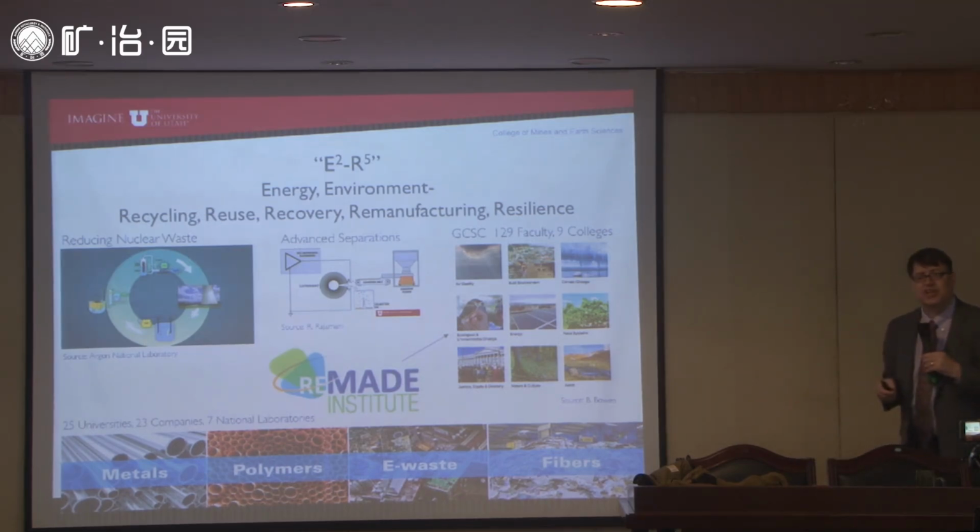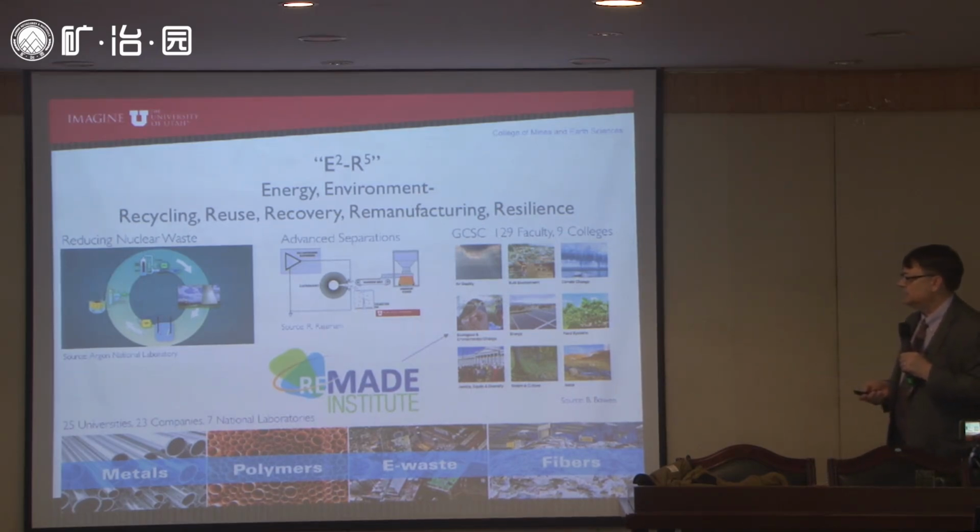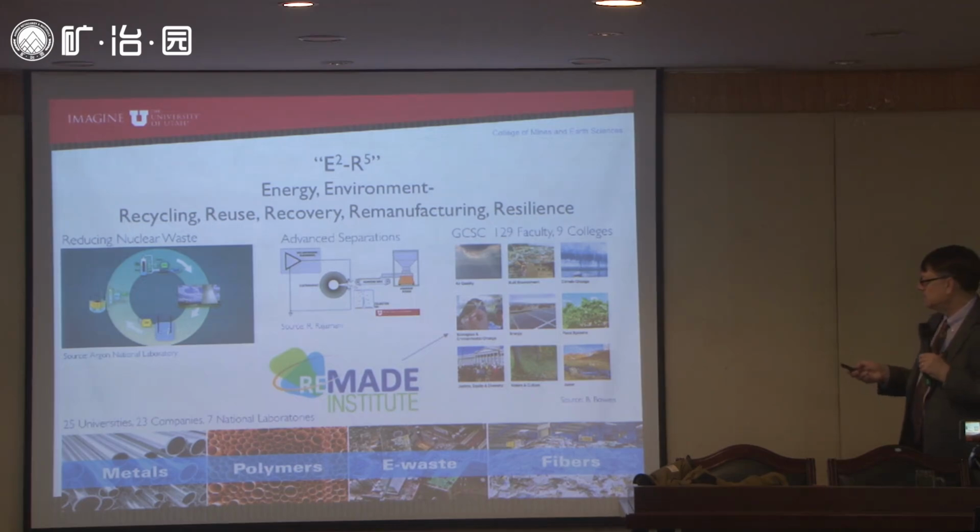This is something we're not very good at, frankly, in the United States, and we need to get better at it. So we have a very, very large center. It's a national center that involves 25 universities, I think 23 companies, and 7 national labs. And that's something that many of our students are starting to participate in.